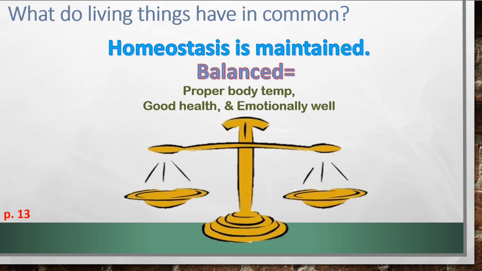We have all the food, water, and supplies that we need to stay healthy. Our homeostasis means our body temperature is an average of 98.6. We are the height and size we're supposed to be. We can go out and do some exercise or manual labor and not fall over and faint because we can't get our breath. So homeostasis means that our body is healthy and we're able to maintain that.